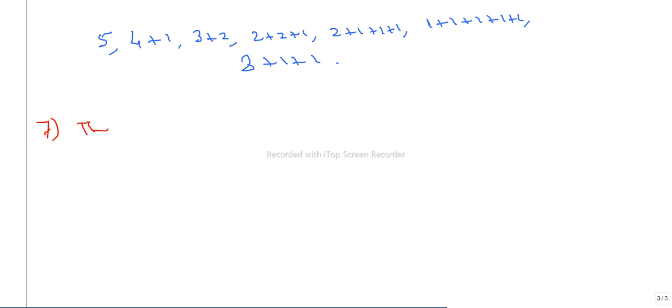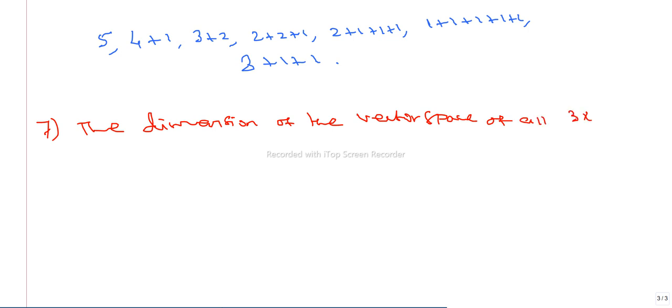The dimension of the vector space of all 3 by 3 symmetric matrices is, so the first option is 3, second option is 9, third option is 6, last option is 4.